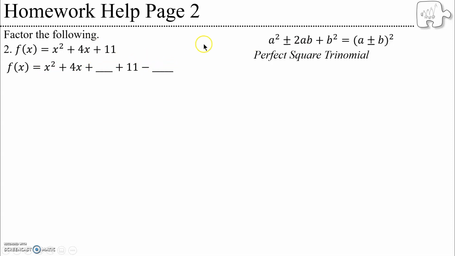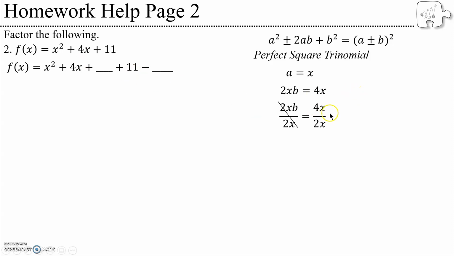So let's figure out what our b is. We know our a is x. So 2ab, or 2xb, is going to be that term 4x. All we have to do is divide by 2x on both sides to make these cancel out.